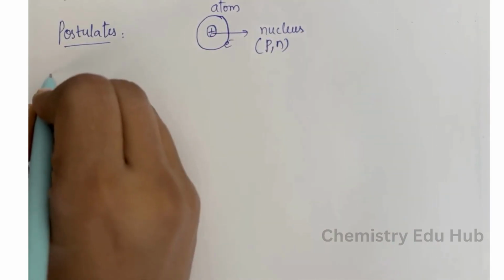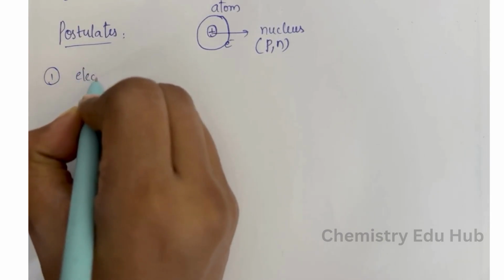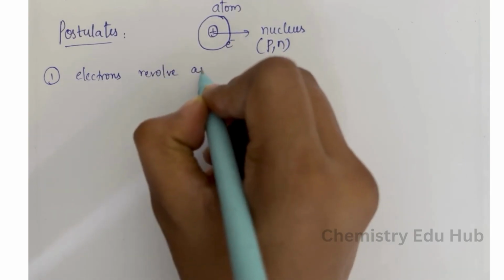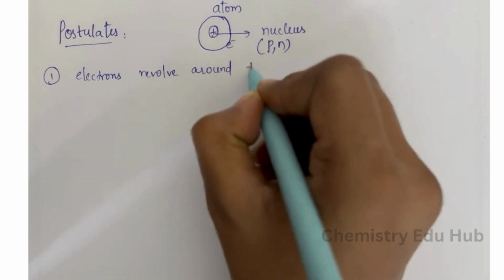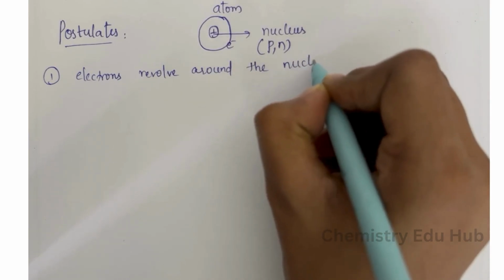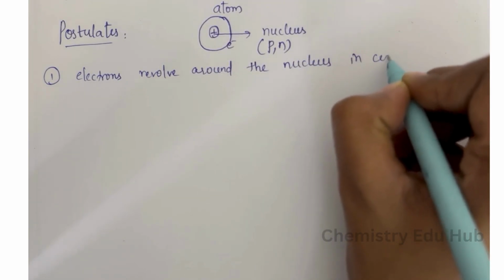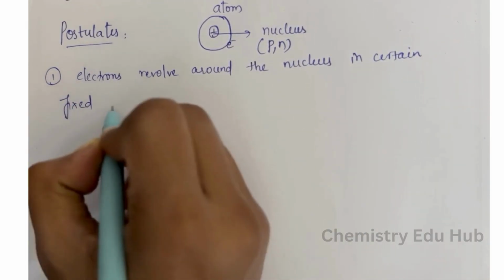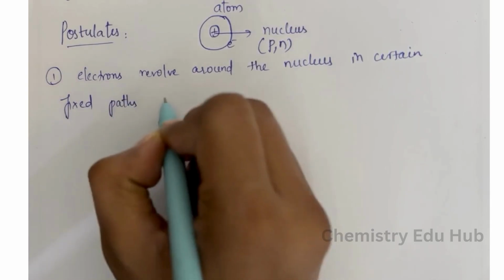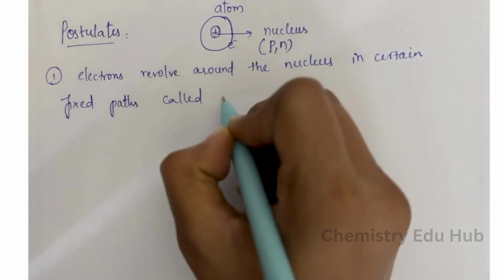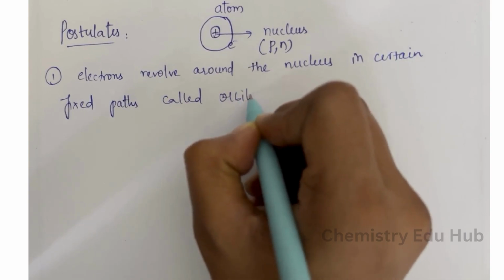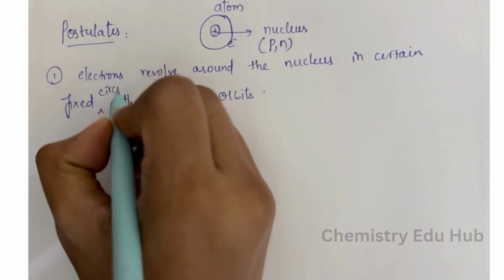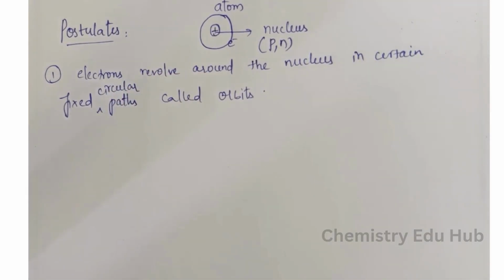The first postulate says electrons revolve around the nucleus in certain fixed paths called orbits. Now these paths are circular, so you call fixed circular paths called orbits.